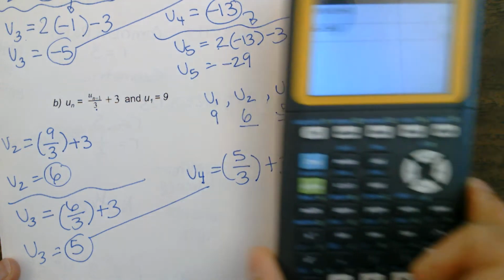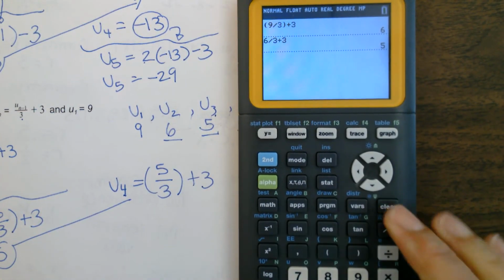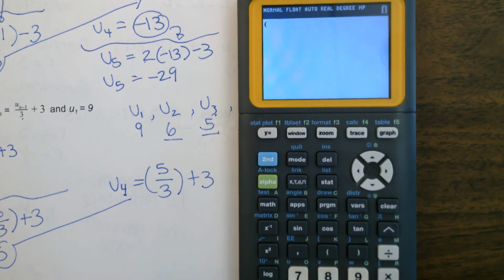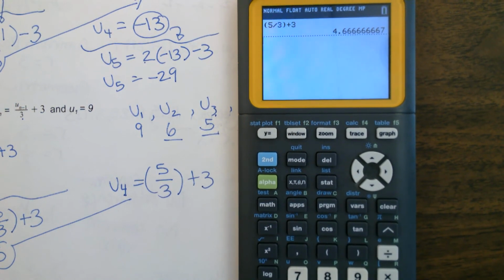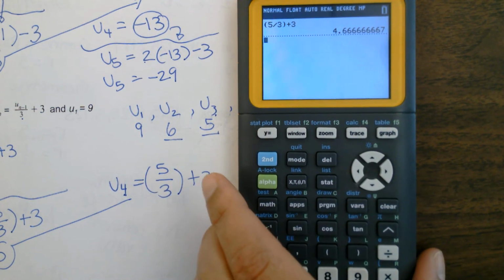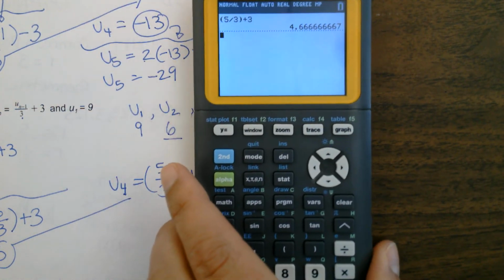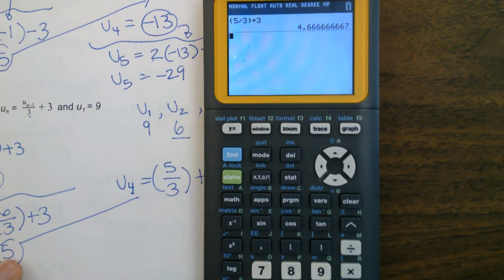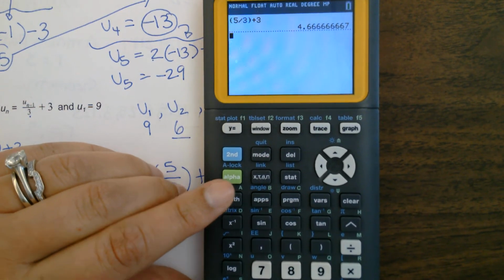So let's do this in the calculator. We're going to have parentheses, 5, division sign, 3, parentheses, plus 3. And what we're going to get is a decimal. We do not want this big decimal. We want this in a nice fraction. Do we have a way of doing that? Yes, we do. We learned about it in our review.